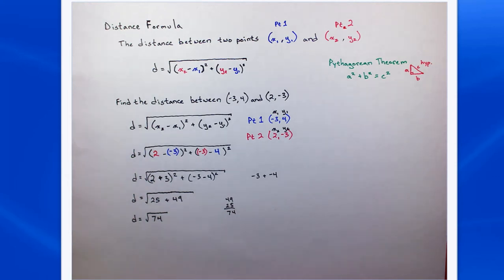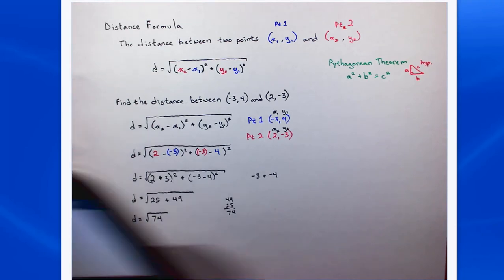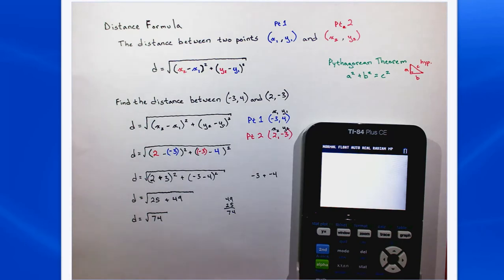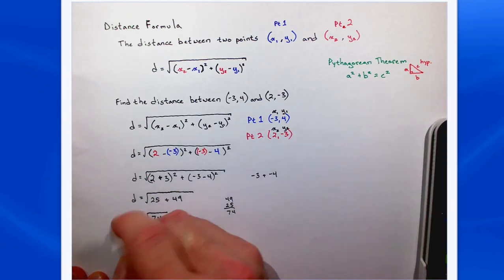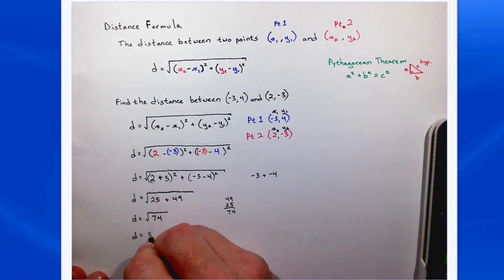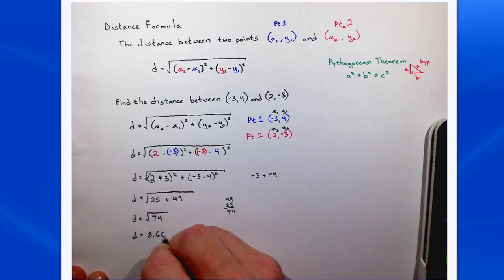Let's look at that as a decimal value, because just looking at a value and saying the square root of 74 is this. I know the square root of 81 is 9, so it's going to be less than 9. So calculator out, square root of 74 is 8.60. So that's what we'll write it as. My distance is equal to 8.60. That is the distance.